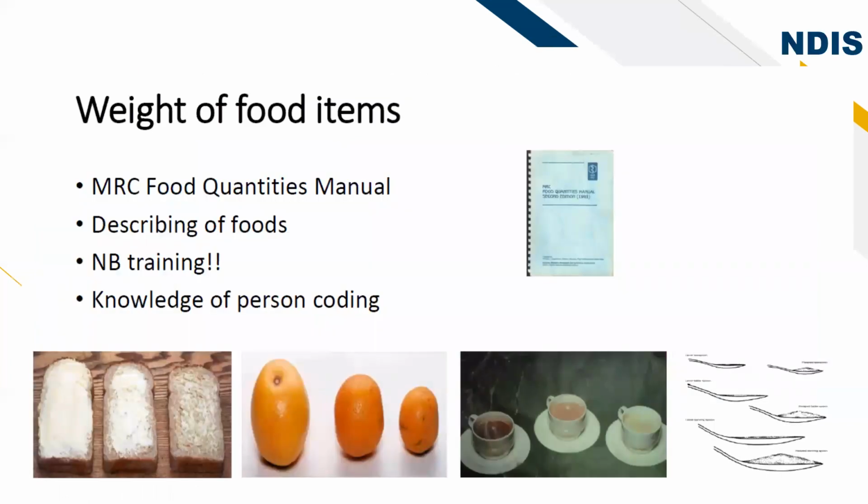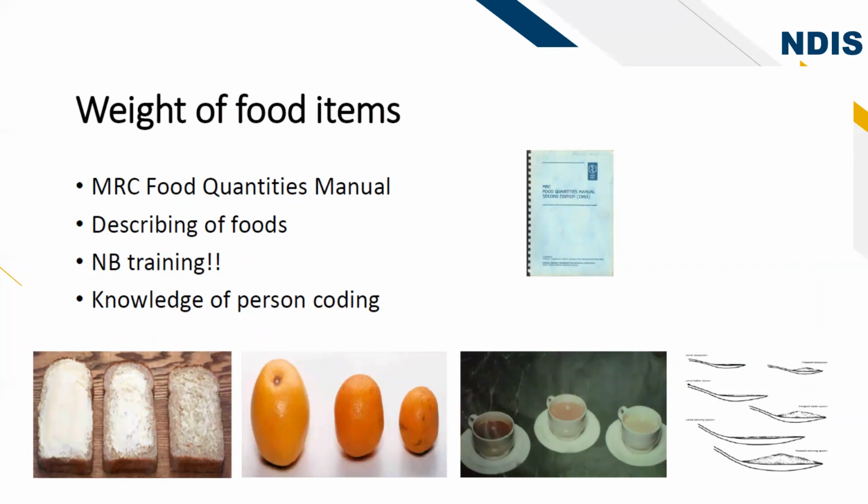So when it comes to weighing of the food items, you as a field worker have now quantified it according to either the household measures that you used from your dietary kit, or if you used your picture file and there were grams in there, you quantified it as such.